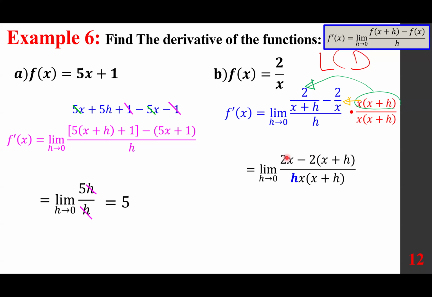So the numerator is 2x minus 2x minus 2h. These two cancel each other, and we are left with negative 2h in the numerator. This h and this h cancel each other.